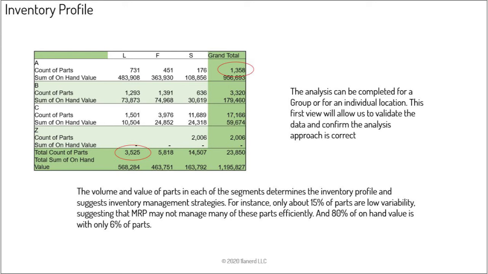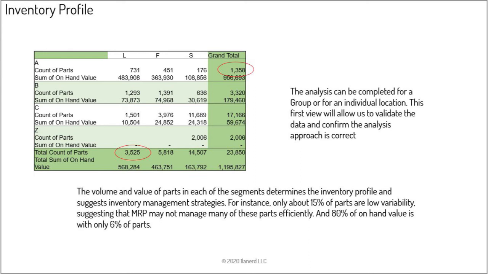So 15% of our parts are low variability, whereas the high variability column, that's 14,000 part numbers out of the 23,850. So MRP is going to have a little bit of difficulty managing these parts because of the lack of predictability and the difficulty of forecasting accurately.